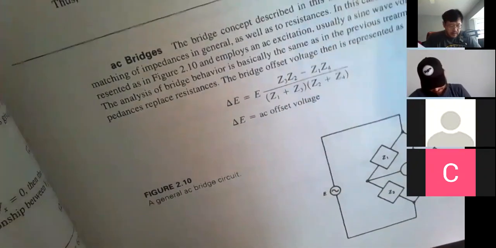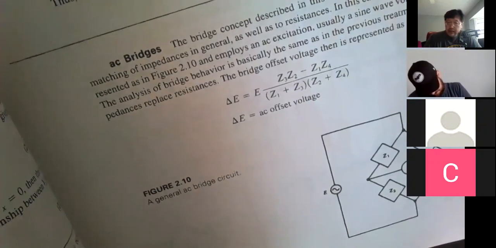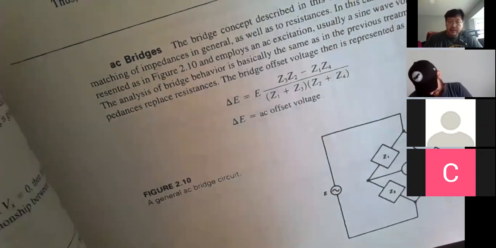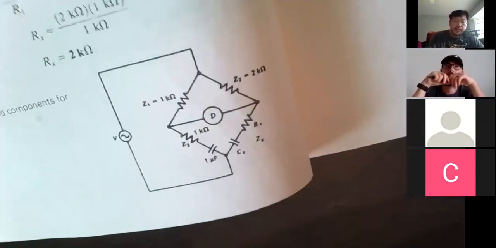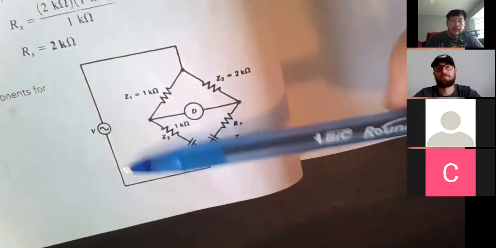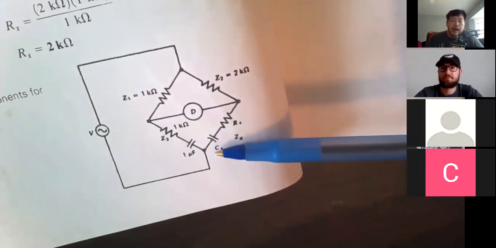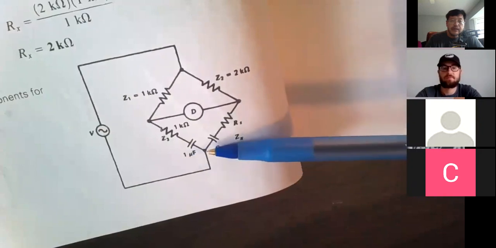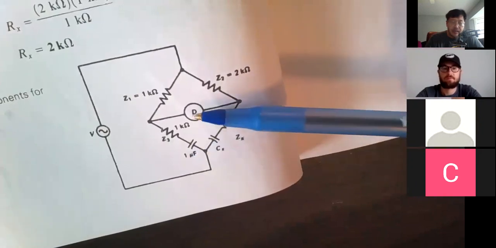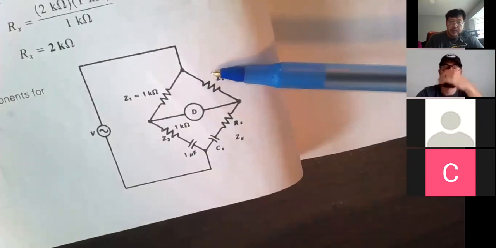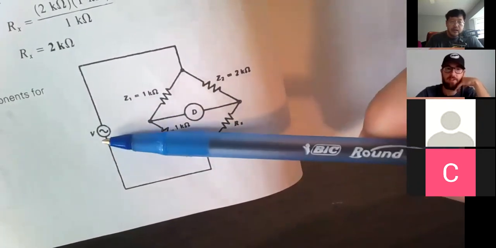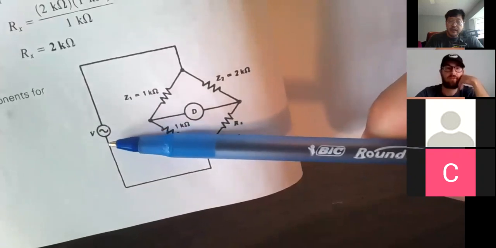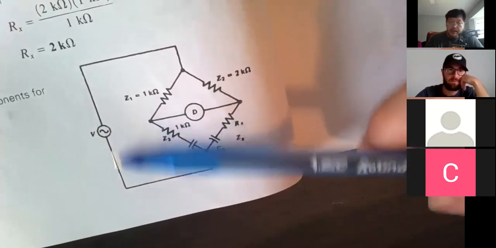So why do we want to energize our bridge using an alternating power supply? Let me give you an example. This is an AC bridge. When you look at the components, there are 2 capacitors, or an inductor and a capacitor. You can add inductors and capacitors, and this will be powered by an AC power supply.